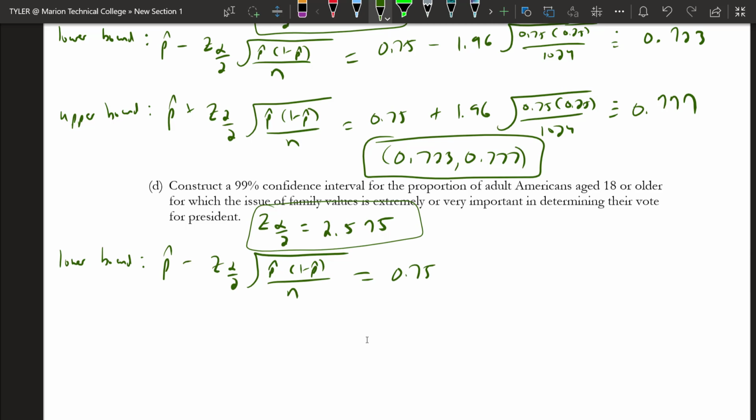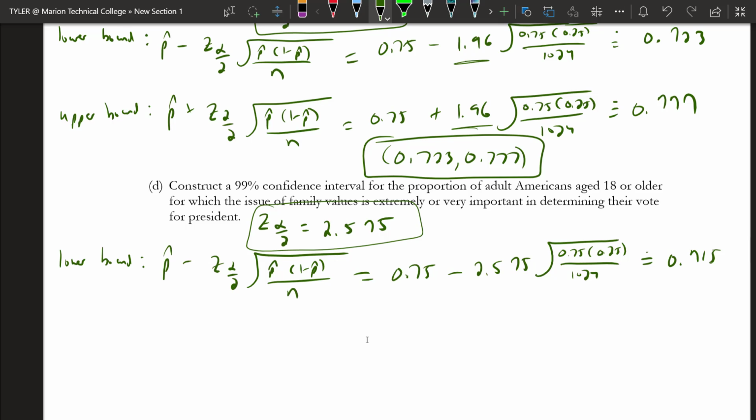So the only thing that changes is this critical value. So instead of writing 1.96, we're just going to write 2.575. But everything else will look identical.